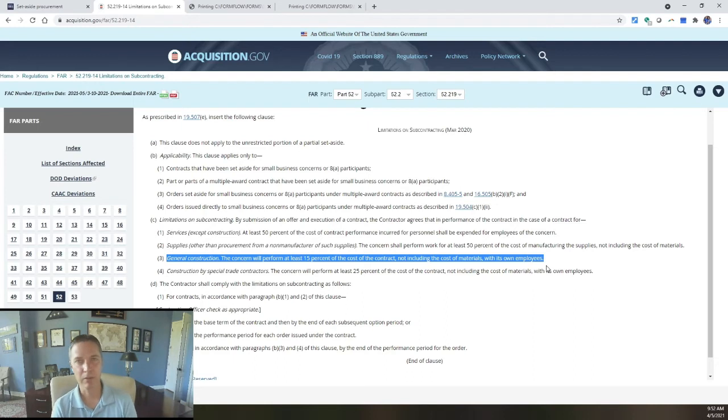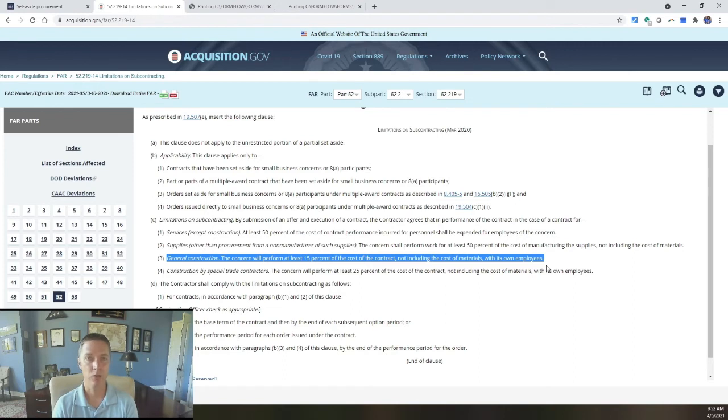Now, this typically applies only to the labor portion of the contract, but that is specific to the terms and conditions of each contract. Some include the materials of the contract, but the general rule of thumb is that 15% applies to the labor portion of the contract, okay?